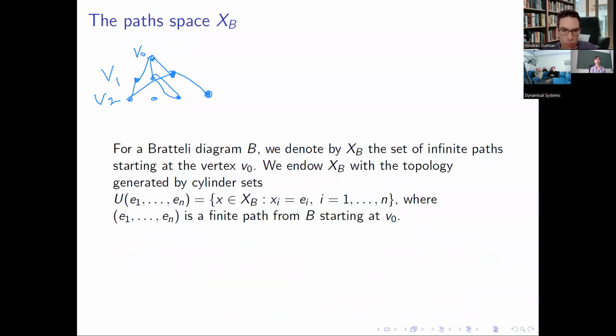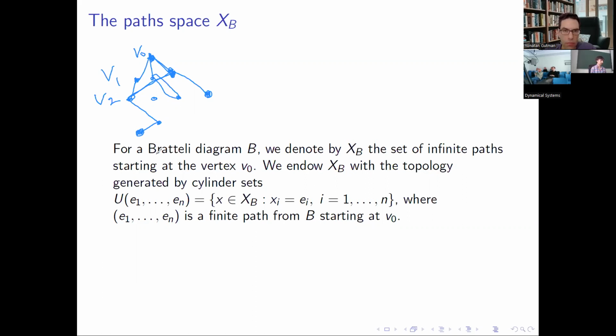Now, for a Bratteli diagram B, we denote by X_B the set of infinite paths starting at the vertex v0. Something like this, then somewhere else, etc., to infinity. We call this the path space. This is a standard Cantor space, with the topology of cylinder sets.